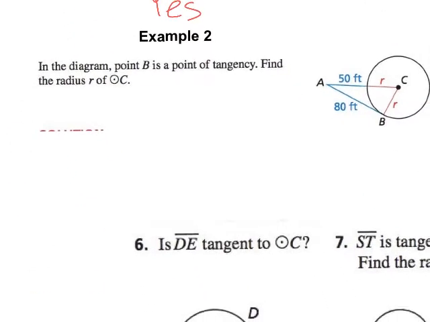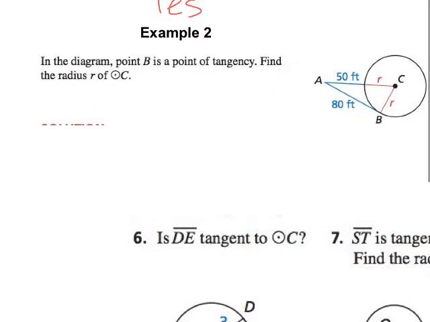Okay. All right, so now in this example 2 diagram, it says B is a point of tangency, so I know that's a right angle. So I need to find the radius. So my two legs would be 80 and r. And then what's the hypotenuse? 50 plus r, right?